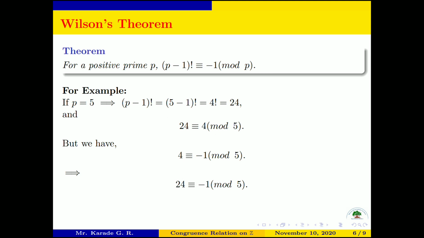So finally, 24 is nothing but p minus 1 factorial, and it is congruent to minus 1 mod 5, that is mod p. So finally we have p minus 1 factorial is congruent to minus 1 mod p.